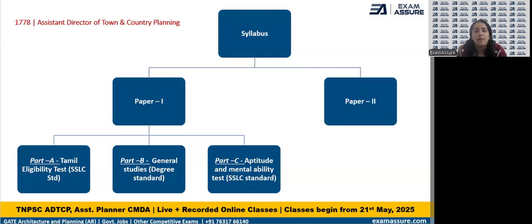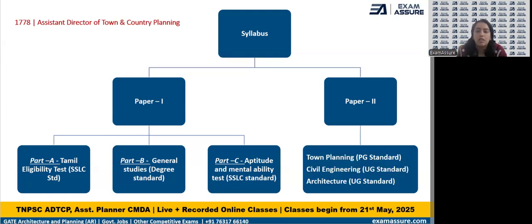As far as paper 2 is concerned, this would contain all topics related to the technical aspect. The syllabus would contain questions of town planning at PG level, questions from civil engineering at an undergraduate level, and questions from architecture also at an undergraduate level.